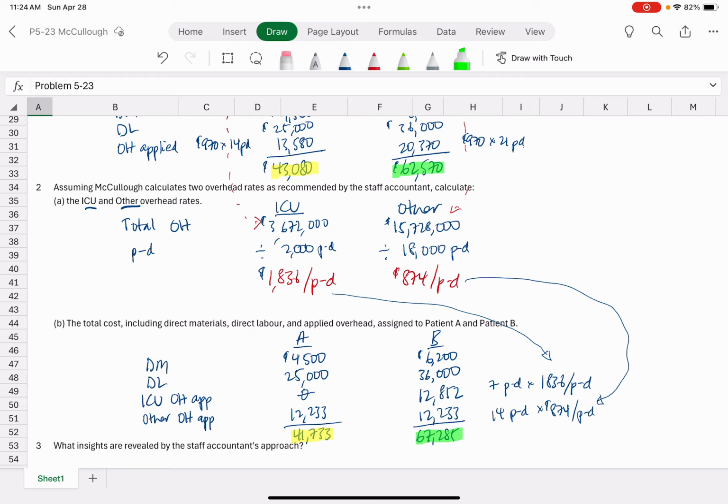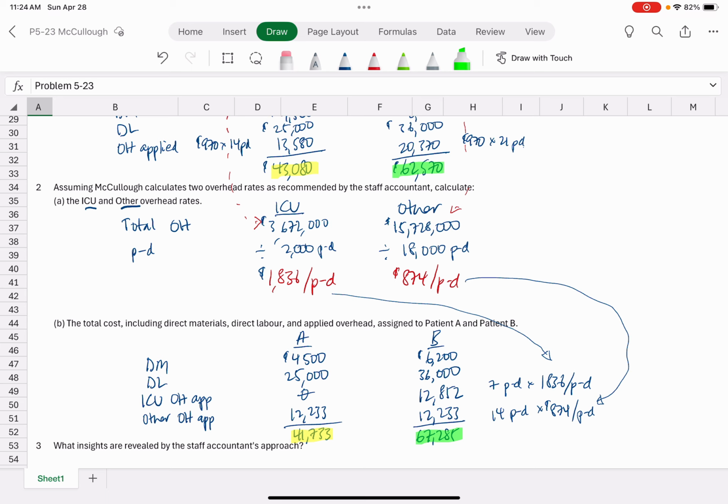So what insights are revealed by the staff accountant's approach of splitting between the ICU and the rest of the hospital? Well, it reflects really that the overhead costs that are incurred in the ICU are just incurred at a more intensive rate.